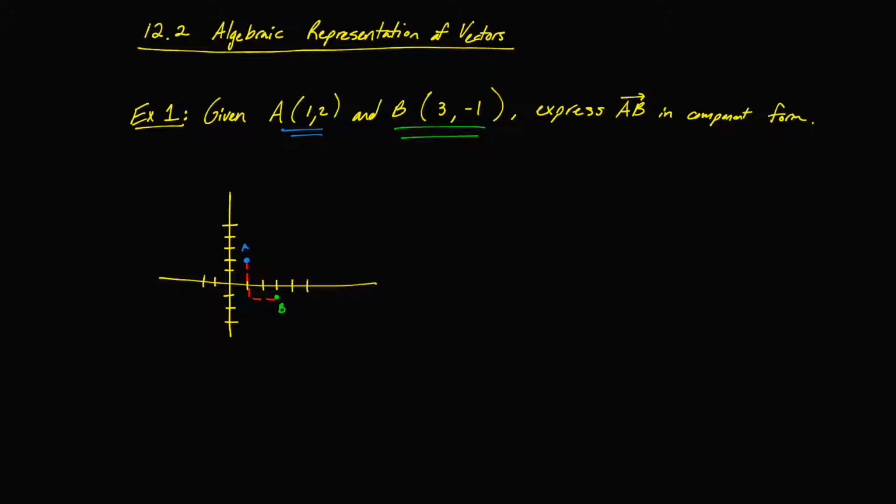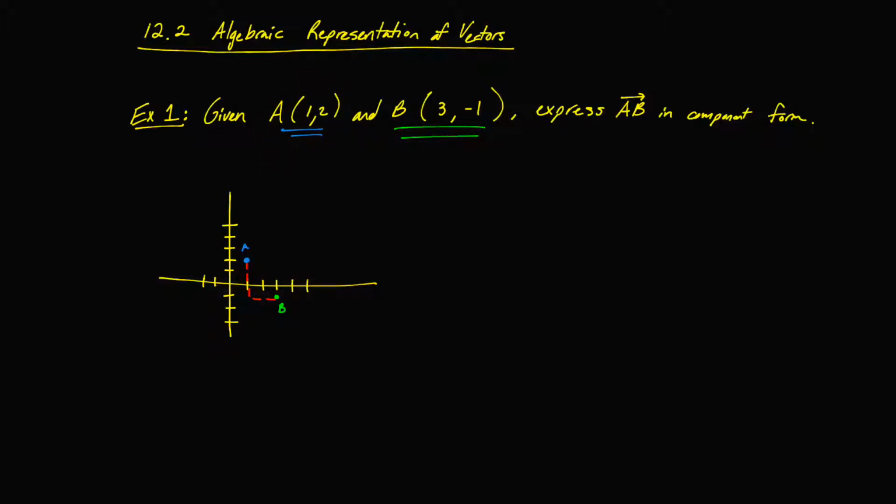Component form refers to the way you would talk about it as if this vector, the vector from here to here, was starting from the origin. So there's actually a really easy way of writing it. If you're ever dealing with a vector that's not starting from the origin, you use this as your new origin.